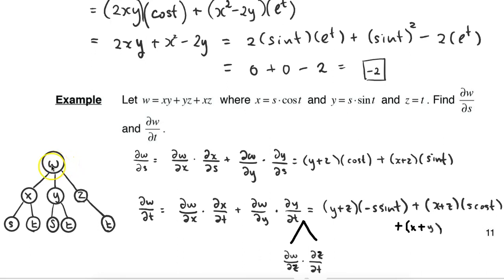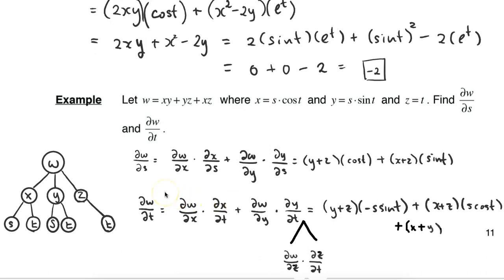I'm looking for all the paths from w to s. So I'm going to do partial w, partial x times partial x, partial s, plus this one here. There is no need to go through z, since z is not a function of s. So we can see these two paths written here, and then it's just a matter of applying the general rules from previous calculus courses.